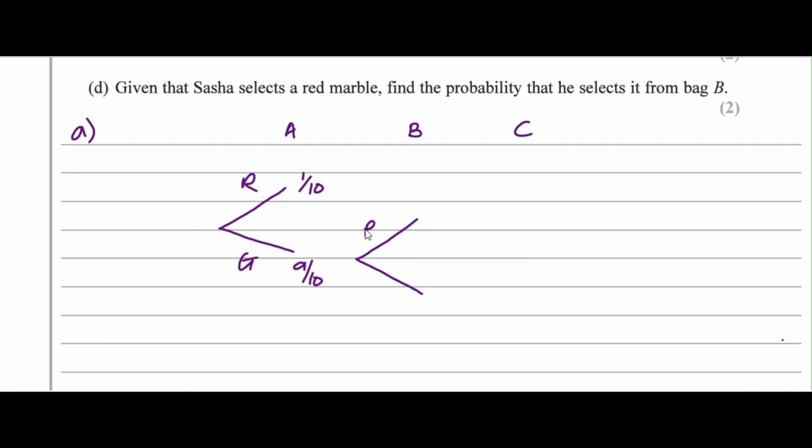Here, selecting a red has a probability of 1/5 and selecting a green is 4/5. Again, when he gets a green from bag B, he does one more selection. That selection from bag C has a probability of 1/3 for the red and 2/3 for the green.